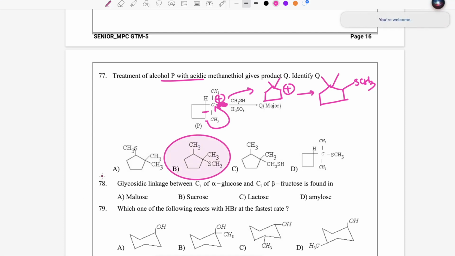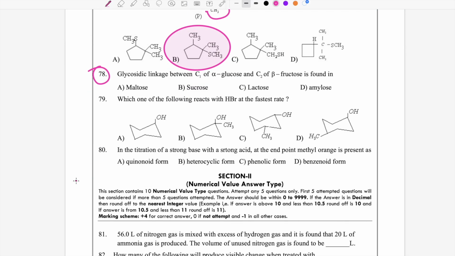Right? Next we'll move to the 78th question. A glycosidic linkage between C1 of alpha glucose and C2 of fructose is found in it. The question itself has the answer because glucose and fructose comprise sucrose.